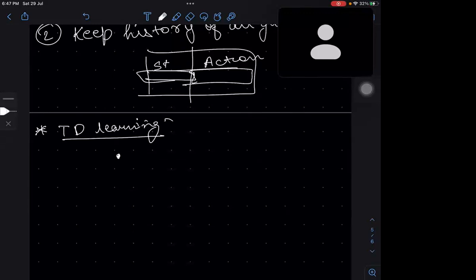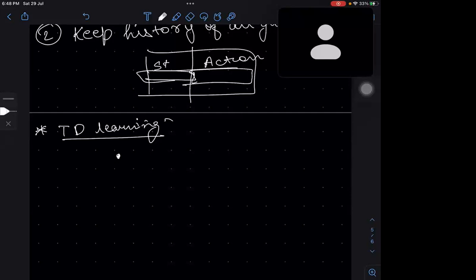No. With delayed rewards, I'm taking a state and going to a particular action, and I'm not getting the reward at that particular moment. I'm getting the reward after some time, that is delayed.